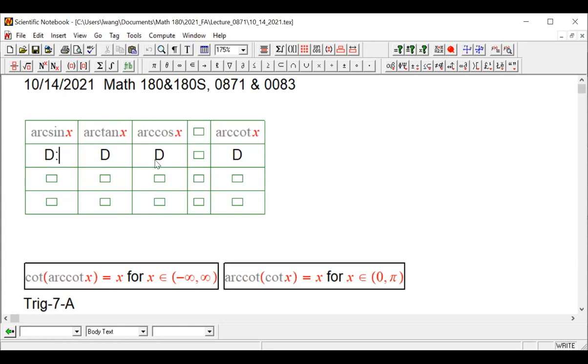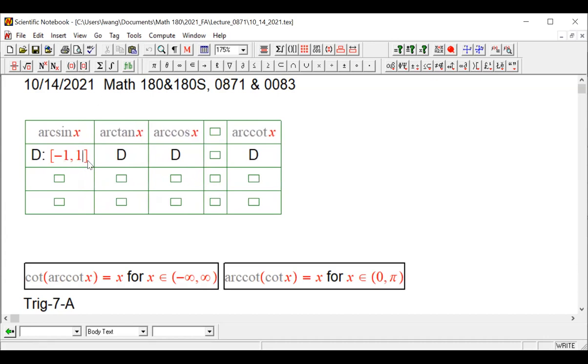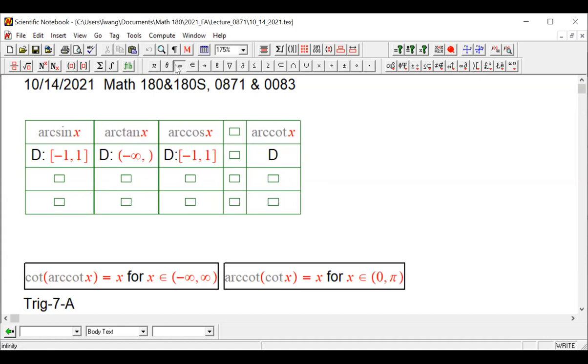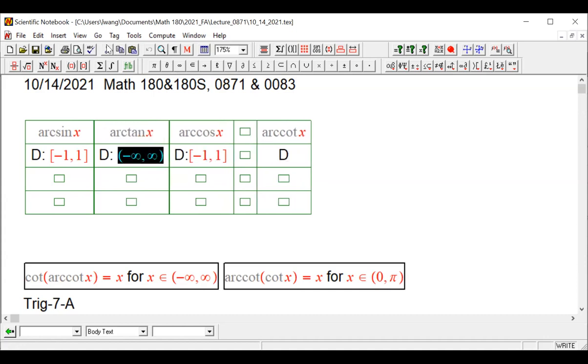The domain for ArcSine is between -1 to +1. You have different forms, right? For cotangent, ArcCotangent is the same. For ArcTangent, the domain is from -infinity to +infinity, and that's the same for ArcCotangent as well.